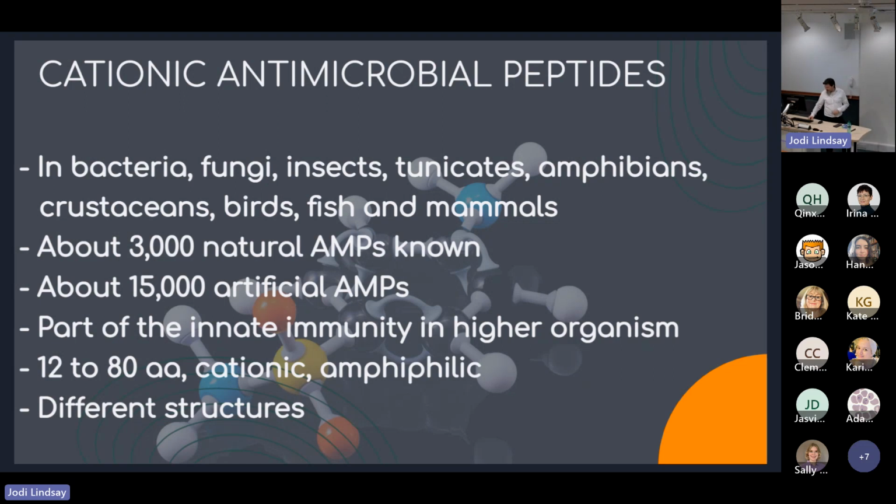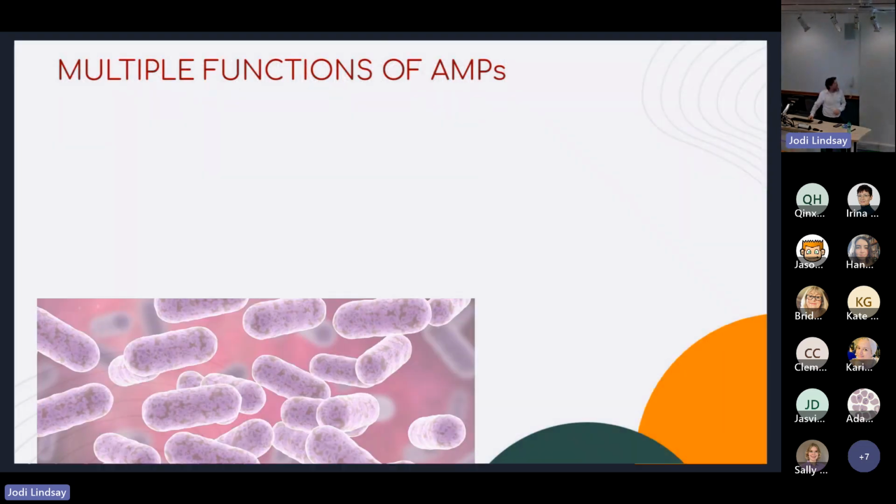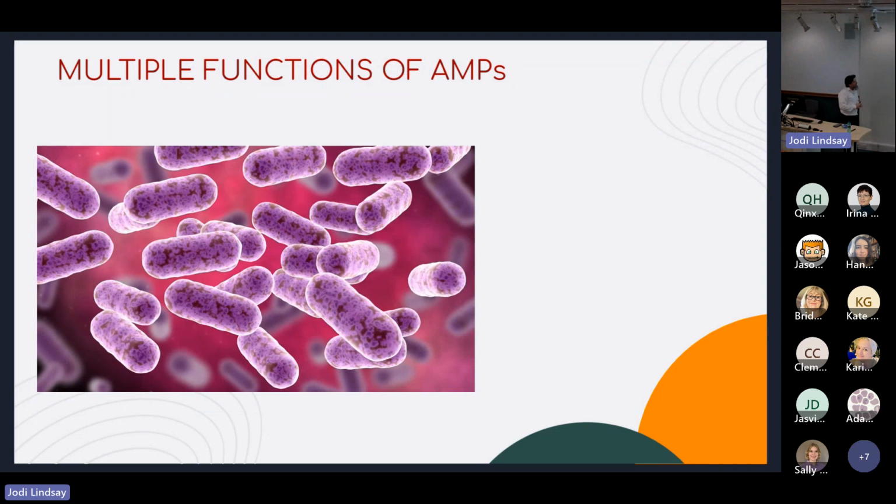And they have different structures, as I will show you soon. Function-wise, as the name basically indicates, they do have antimicrobial or antibacterial activity. Especially interesting, they kill multi-drug resistant bacteria. And that's what we basically work on, to target those that basically cannot be targeted anymore by normal antibiotics.